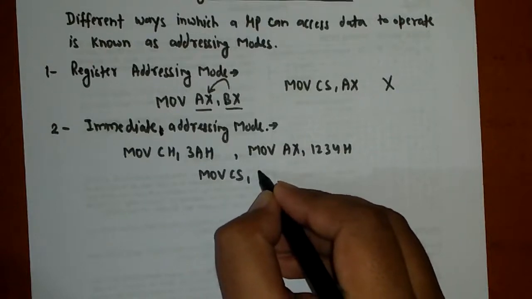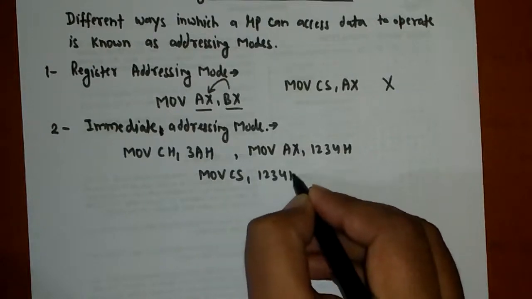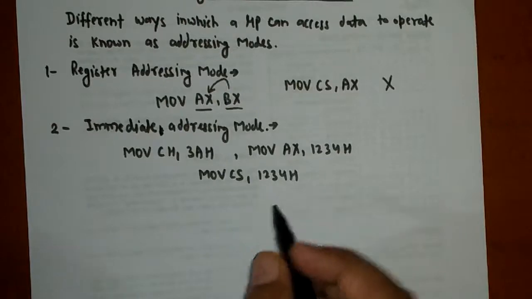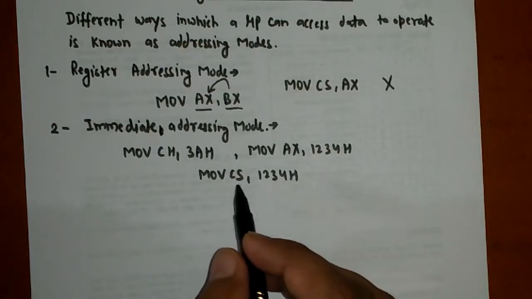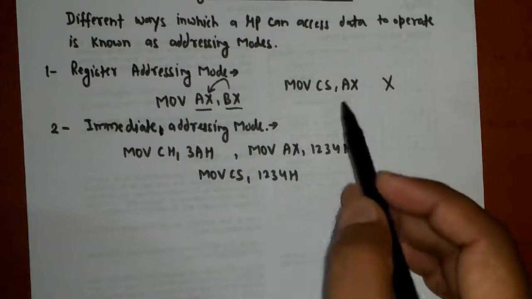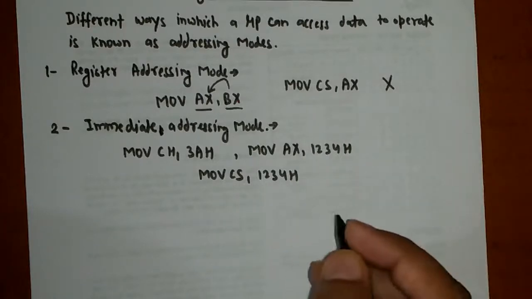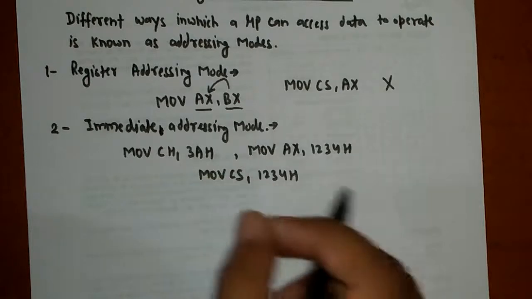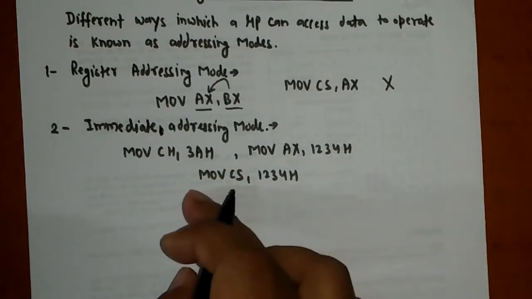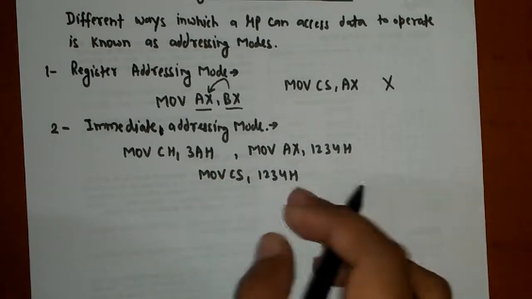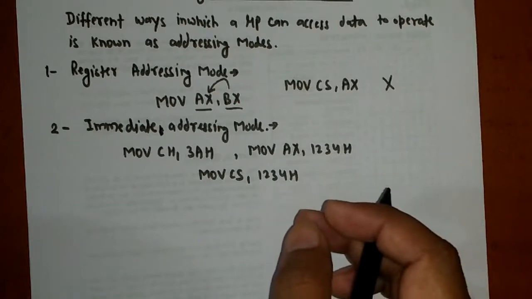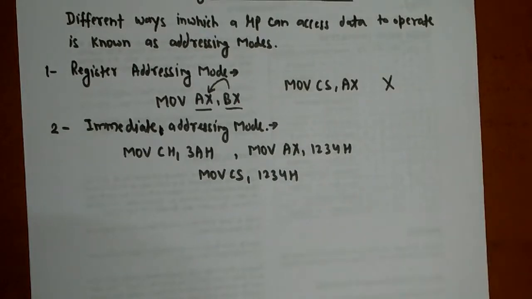We cannot write 1234H in this way, because changing the content of code segment directly is prohibited. Neither can we transfer any value from a register nor directly into the code segment register. So in immediate addressing mode, we must note that we will not transfer any value directly to the code segment register.